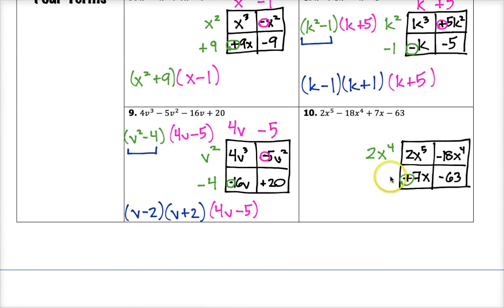Bottom row would be a plus 7. Left column, this would be just an x, and then this column here would be a minus, and you can factor a 9 out of 18 and 63. So this becomes 2x to the 4th plus 7 times the quantity x minus 9.